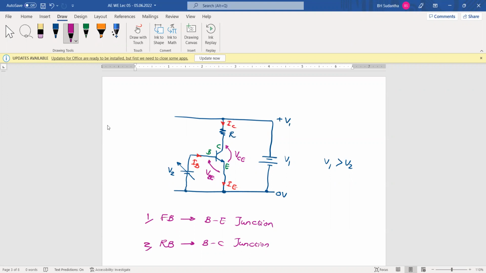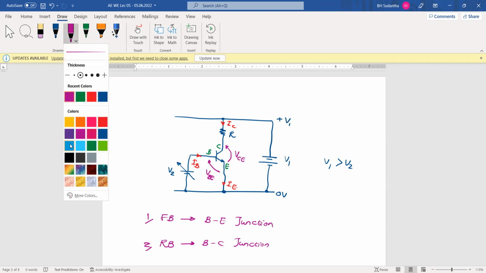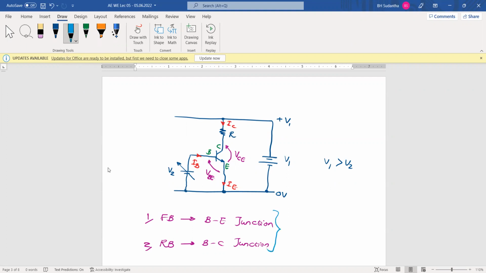Two conditions must be satisfied. What is the first condition?